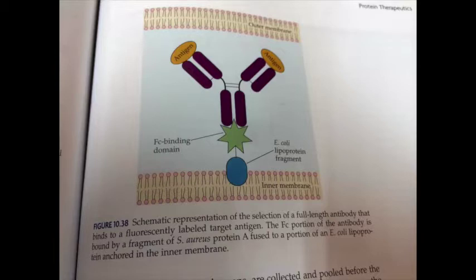And we're going to fuse that to a fragment of Staphylococcus aureus protein A, or the Staph A protein. Staph A protein is a soluble protein. So we make this fusion, and the Staph A protein is going to be soluble, but in the periplasmic space, in the space between the two membranes.